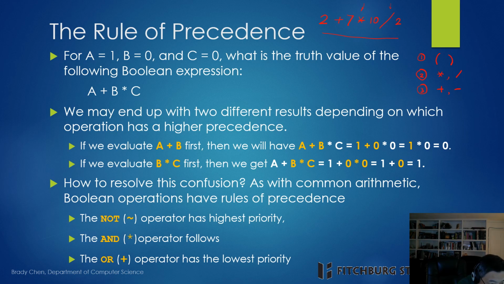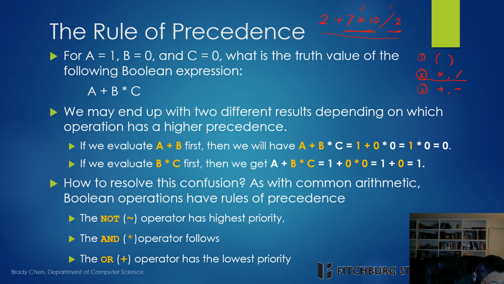So that means in this expression, we need to evaluate 7 times 10 first, and then divide by 2. Typically, if you have two operations at the same level, like multiplication and division, the order is from left to right. So you evaluate the multiplication first, and then the division in this case. If the division is before the multiplication, you first evaluate the division.